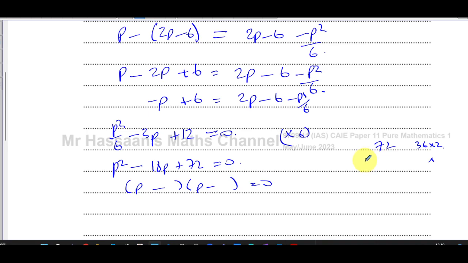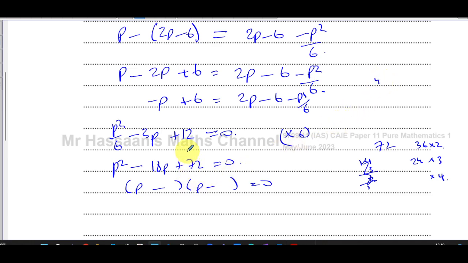No, that doesn't give you 72. 24 times 3 is 72, but that doesn't give you a difference of 18, does it? No. Anything times 4? 4 goes into 72.